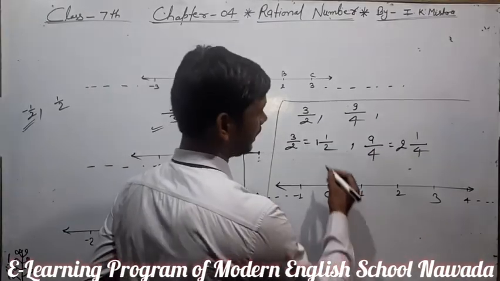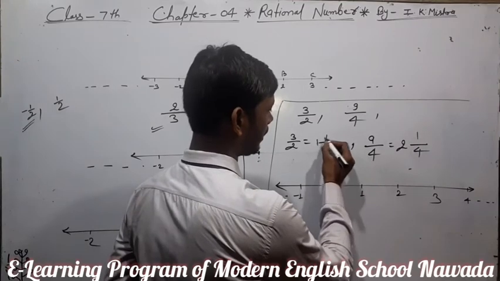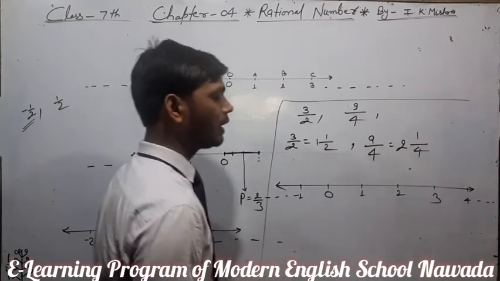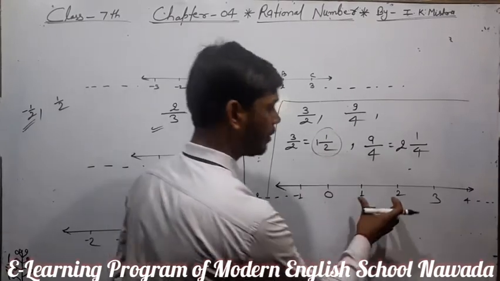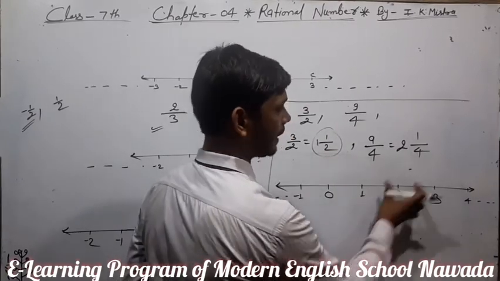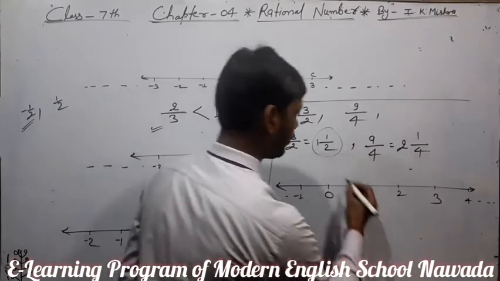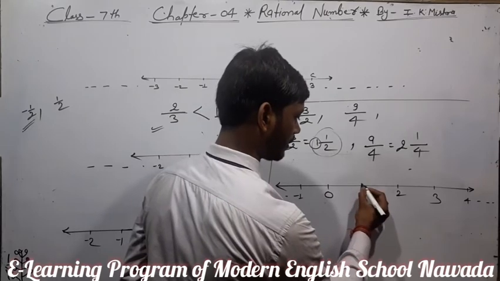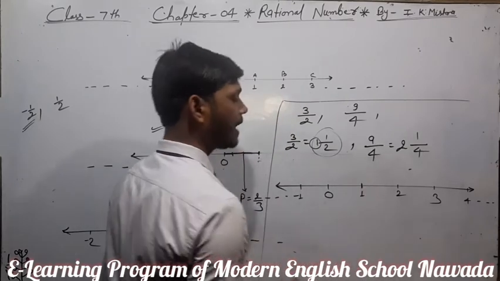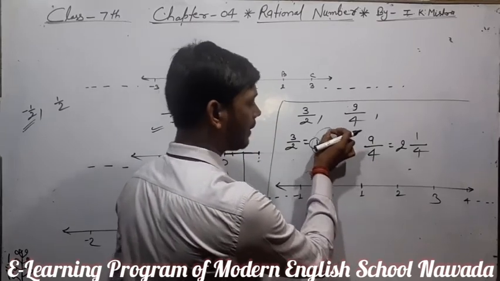Students, first of all represent 1 whole 1 by 2. This rational number lies between 1 and 2, and the other rational number lies between 2 and 3. So first of all here is 1, and after that some part, 1 by 2.